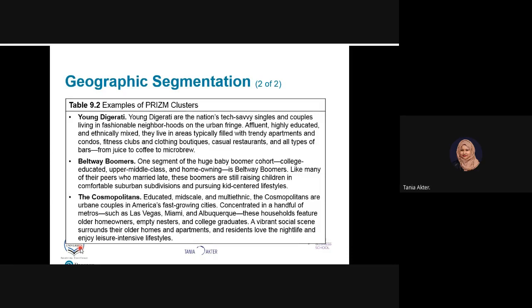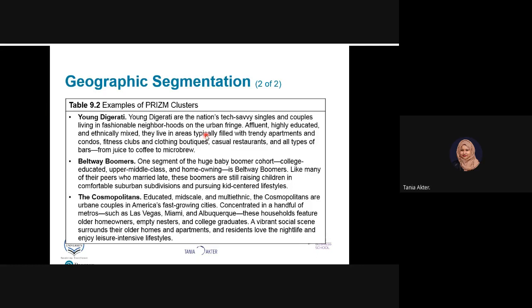It is based on geographic segmentation. To give you three examples of Prizm clusters, one is Young Digerati. The Young Digerati are people who are very tech savvy, single and couples. They live in very fashionable neighborhoods in urban places. They're very affluent, highly educated, and they live in areas with trendy apartments, fitness clubs, clothing boutiques, and restaurants. So these are examples of Young Digerati.